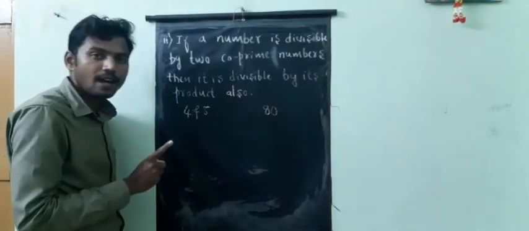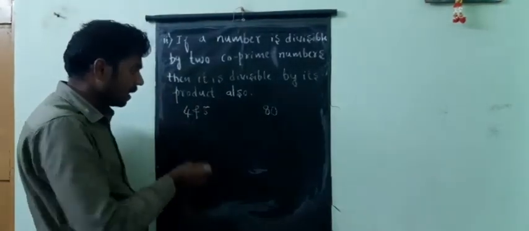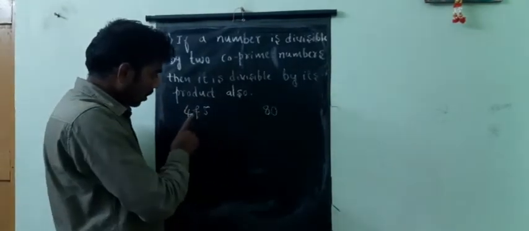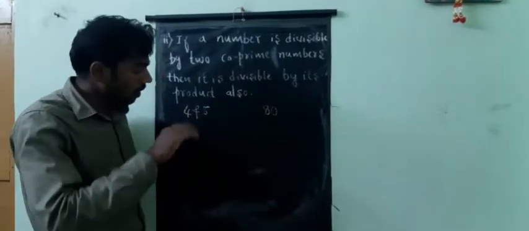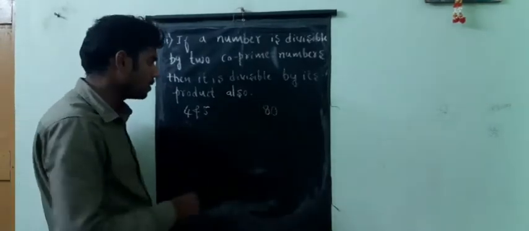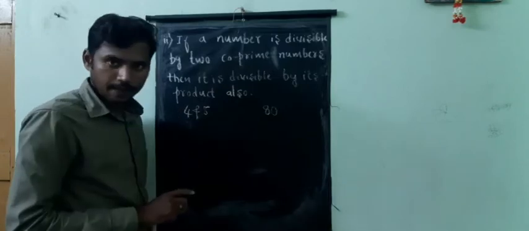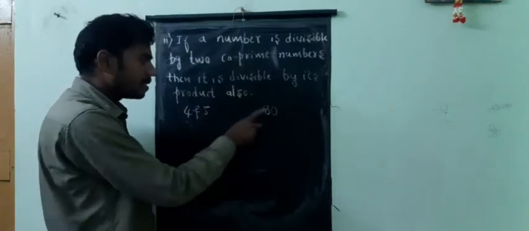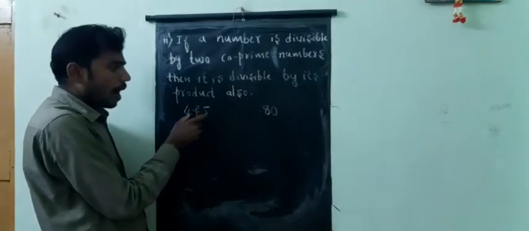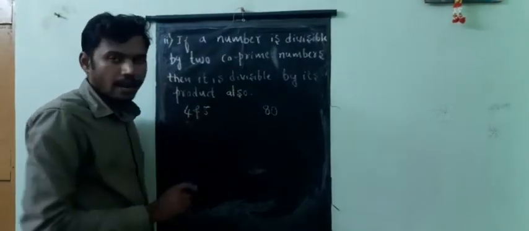Already you have studied this in the last exercise. So 4 and 5 are two co-primes. Does 4 divide 80? Yes. Does 5 divide 80? Yes, because 4 twenties are 80, 5 sixteens are 80. So the two co-primes are dividing the number 80.